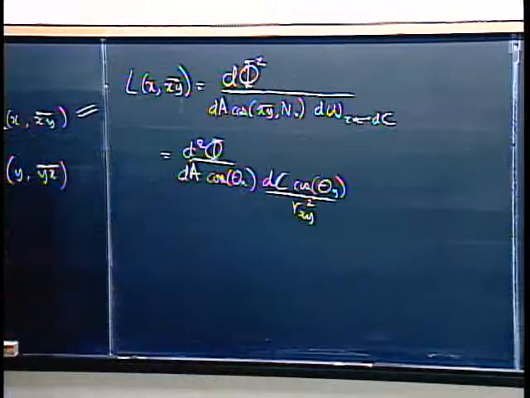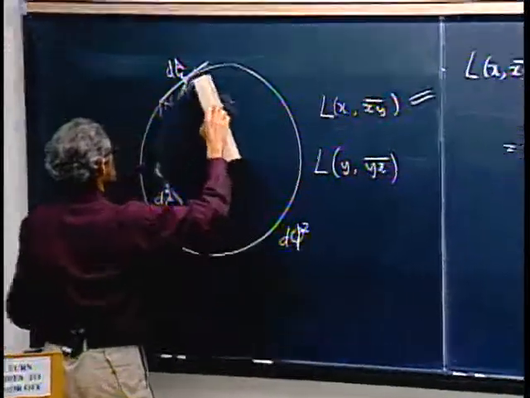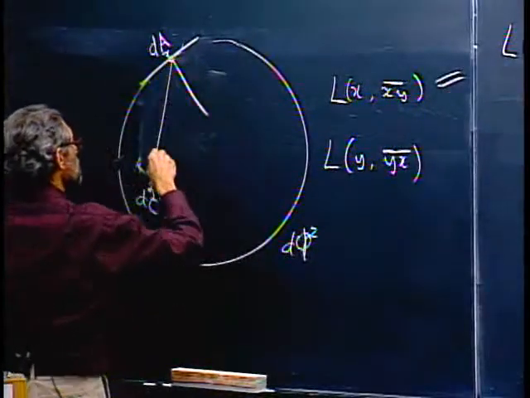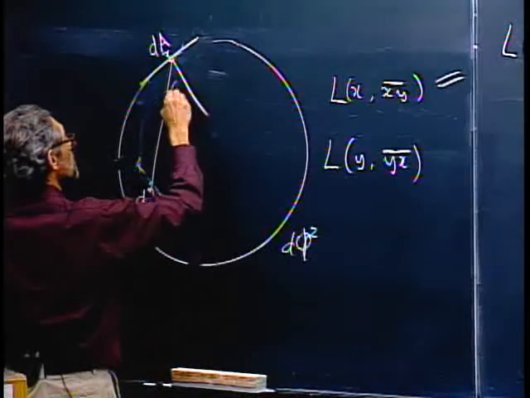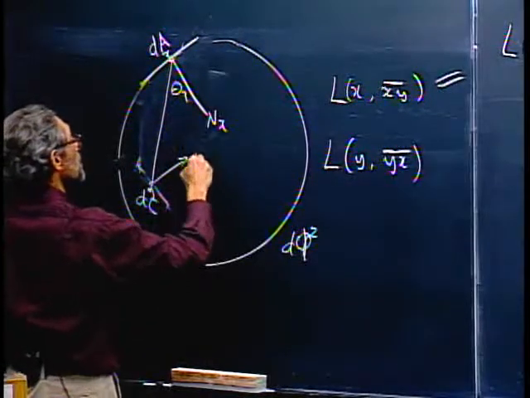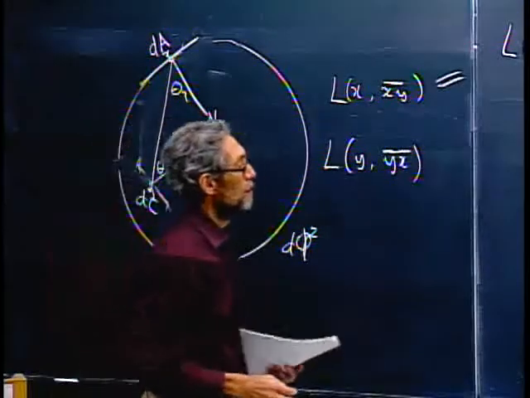Now I've got my picture filled up. Let me take away the lines and draw. Here's the ray for the direction from x to y. This is theta x, and if this is the normal n_x and this is n_y, this one is theta y.